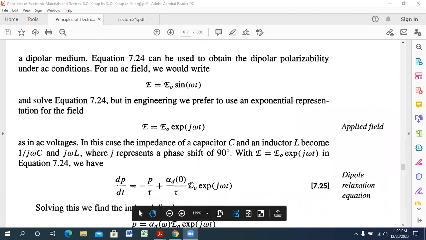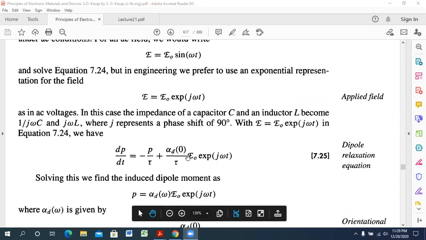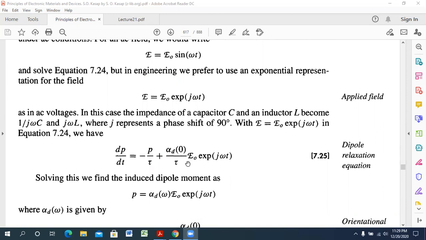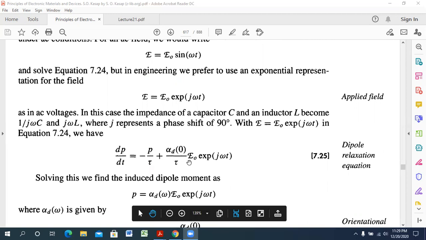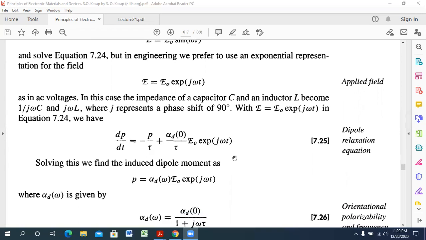Previously, that one was E, if you can remember. Now we put the value of E equals E naught exponential j omega t. We have not done anything except put in this value.